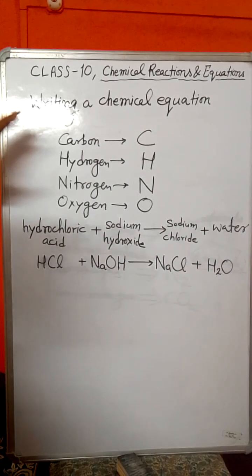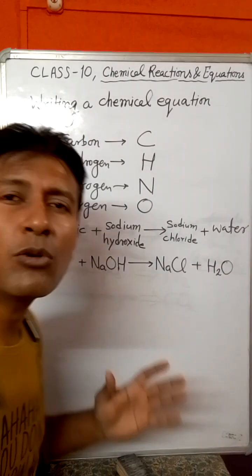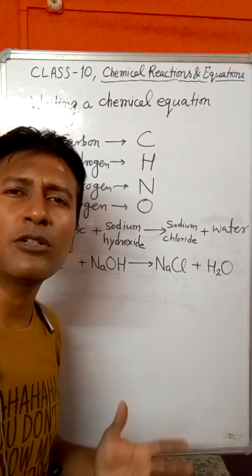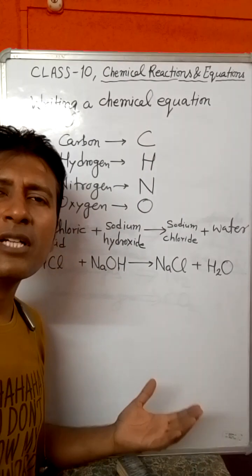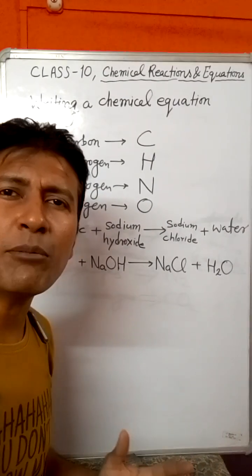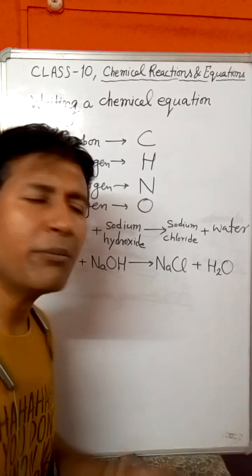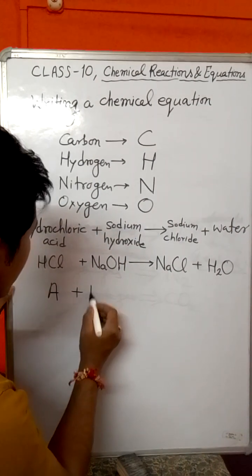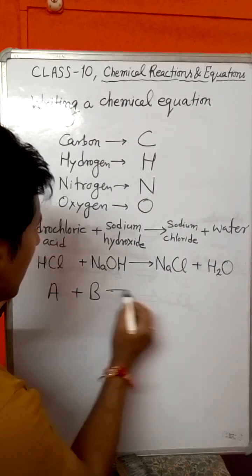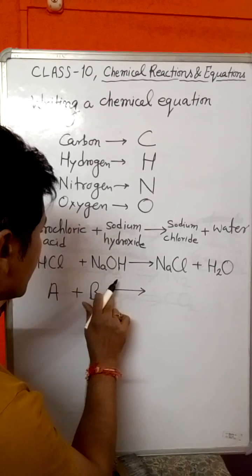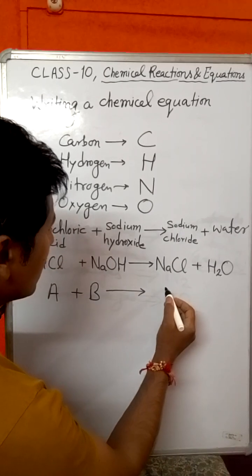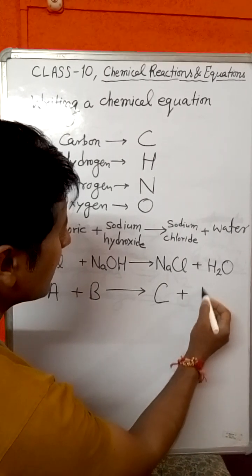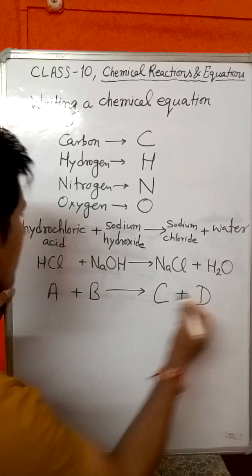Now, when they started thinking about how to write a chemical equation, they must have seen that in any chemical reaction, what happens? There will be one substance A, and another substance B, and then the reaction will occur, and some new product C and another one D must be formed.